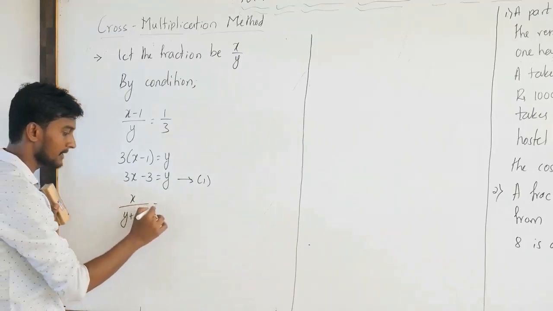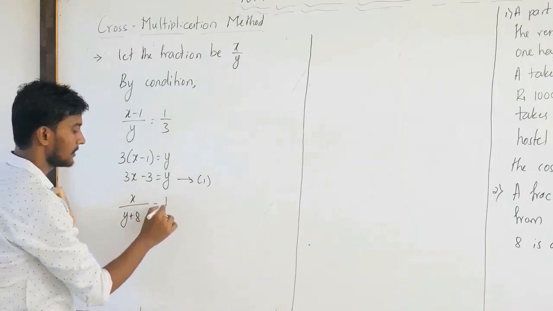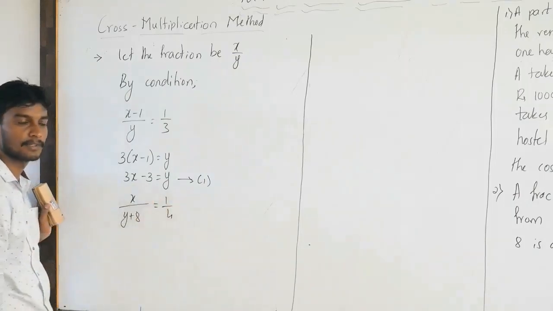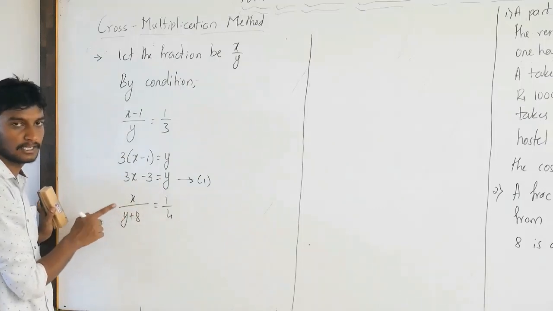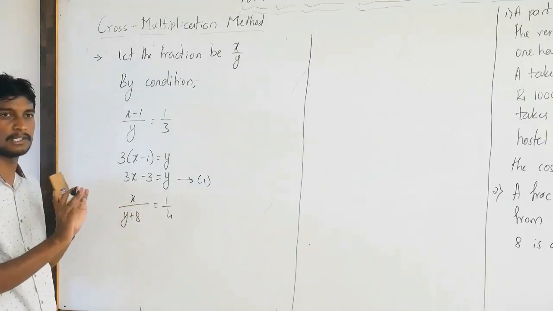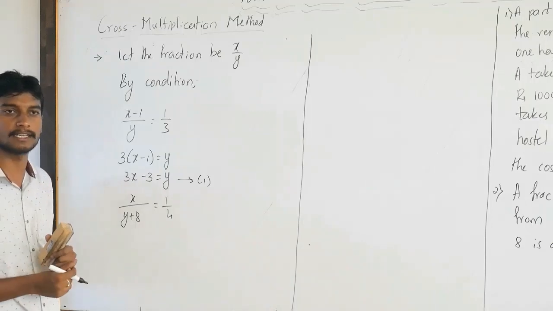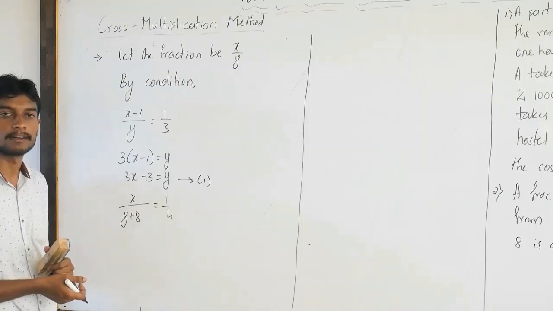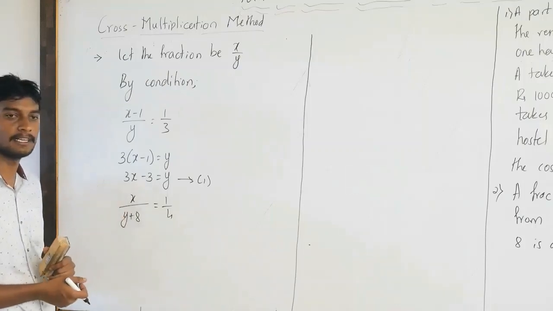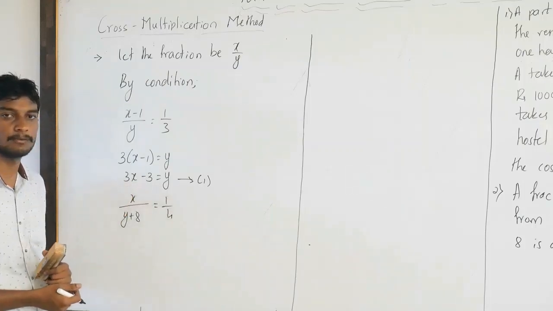So x divided by y plus 8 is equal to 1 divided by 4. In the numerator you don't need to add or subtract anything; only add 8 to the denominator.